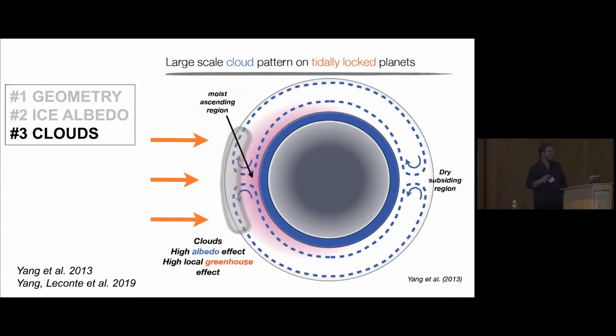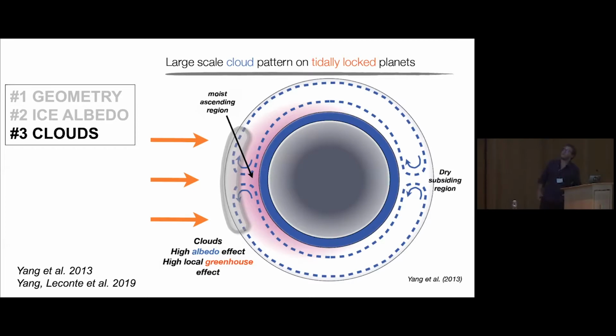One of the key points of this feedback is that if you increase the stellar flux received by the planet, you will increase the strength of this convection. That will increase the number of clouds and the reflection of clouds, which will tend to cool the planet. And so these substellar clouds also tend to stabilize the climate, the atmosphere of your planet.